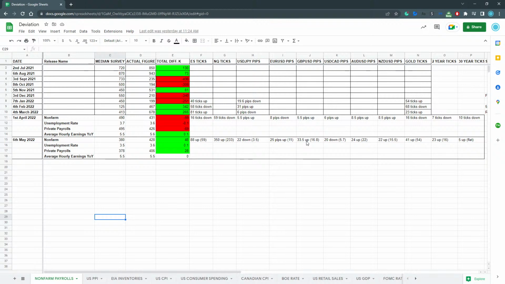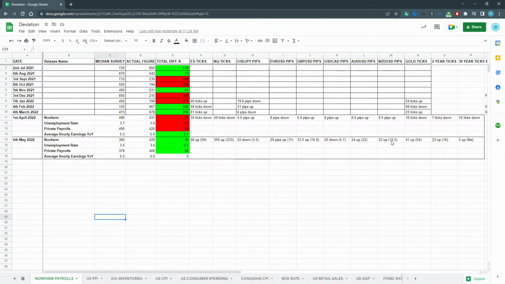So I think that's going to be quite key to have a watch of and see how cable reacts, but we had seen that cable had the strongest reaction pip-wise in the markets. For the dollar CAD, again 20 pips down. Aussie dollar, about 24 pips up. New Zealand dollar, about 22 pips up.